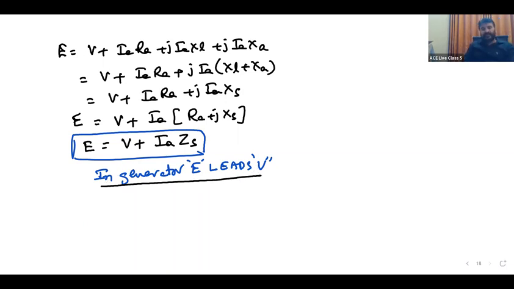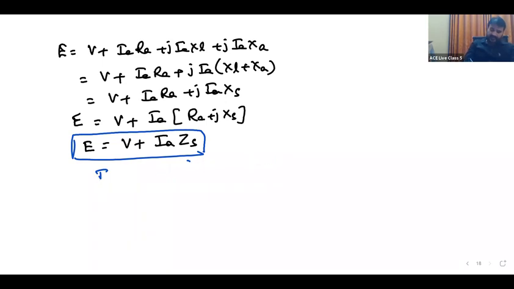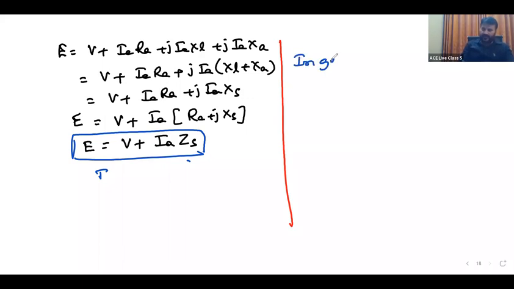Now, the reason why E leads V. Let me take this discussion on this side; I need some space. Why does E lead in a generator? In a generator, E leads V by the angle delta.